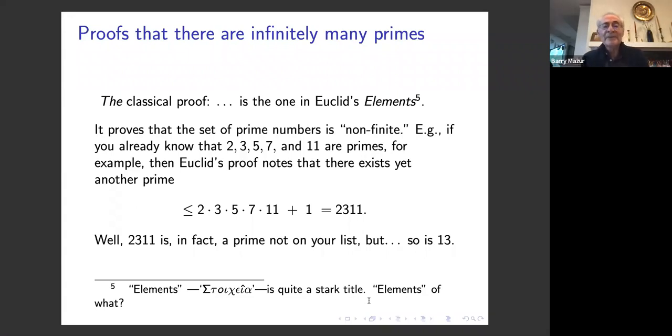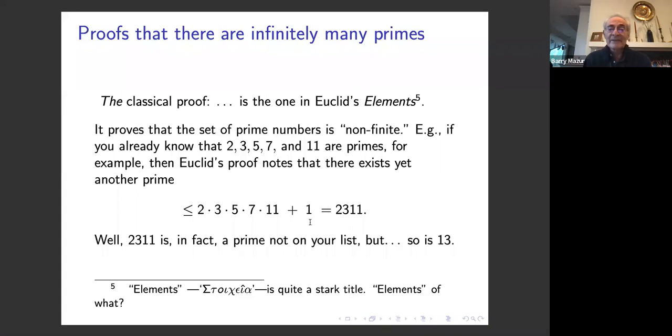What it does prove is that the set of prime numbers is non-finite. That is, say you give me any finite set of primes, for example the first 5 of them, 2, 3, 5, 7, and 11. You just multiply them all together and add 1, and you realize that 2, 3, 5, 7, and 11 don't divide that number.